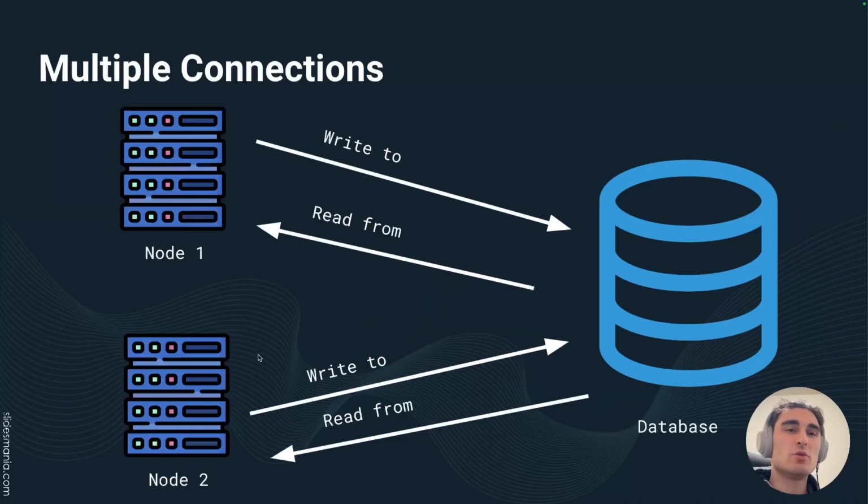The reason that you would want to interact with your database via a server is that then you can have multiple computers, or in this case, multiple instances of your application, that could all make independent connections to and read from and write to one centralized database.